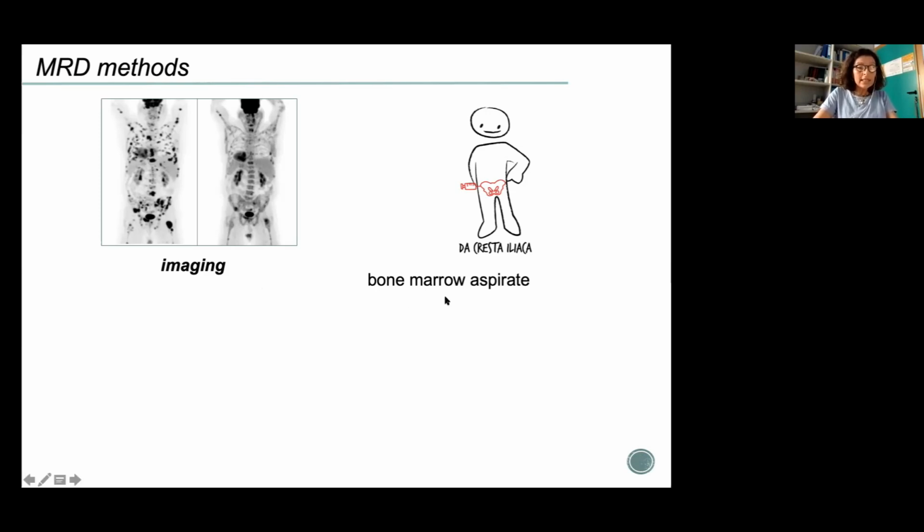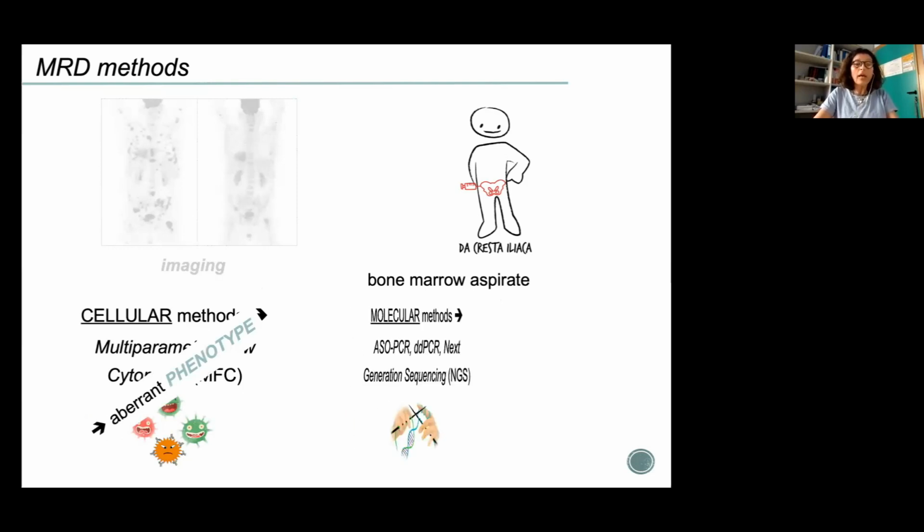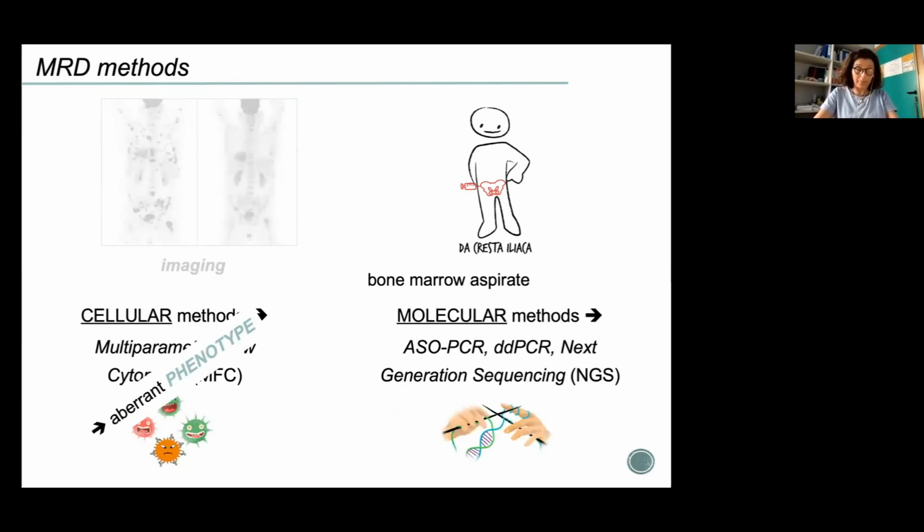Also, residual disease can be studied within the bone marrow, either by analyzing the aberrant phenotype of plasma cells or by employing molecular markers suggesting the presence of residual disease.